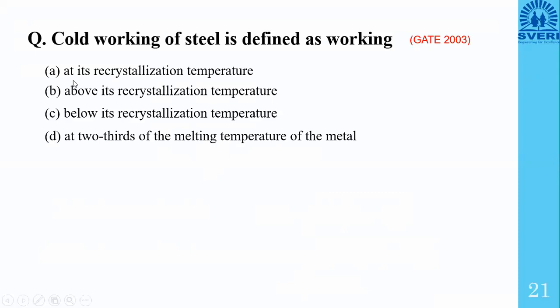At its recrystallization temperature, above its recrystallization temperature, below its recrystallization temperature, at 2/3 of its melting point of the metal. If you look at 2/3 of melting point, again it is nothing but recrystallization temperature. So cold working, where is it carried out? It is carried out below recrystallization temperature. So just a definition of cold working.